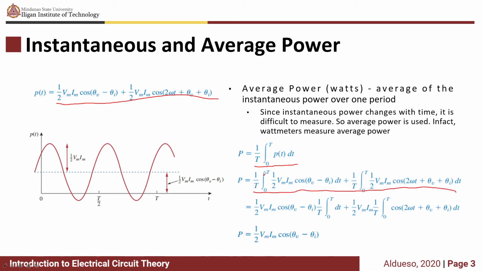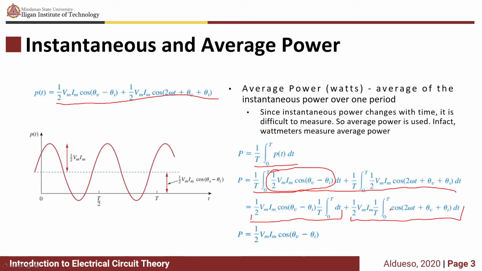Since the first term is a constant value which does not depend on time, we can factor it out. So we have this term and this term.